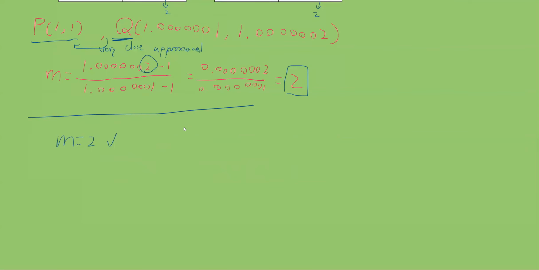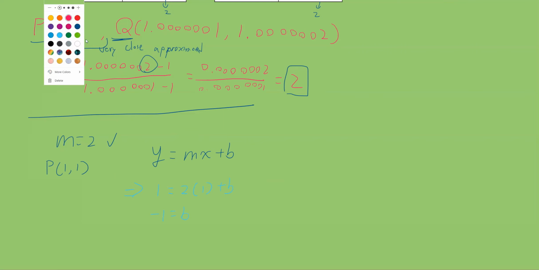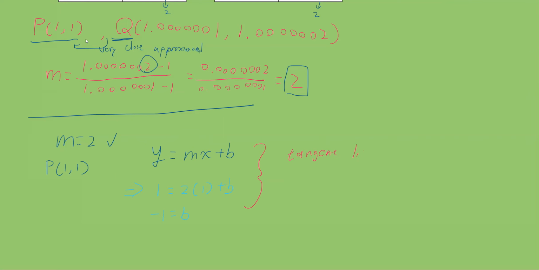For the tangent, we just need to find the equation using point P. So y is equal to mx plus b, slope intercept form. Let's go ahead and plug everything in. So y is 1, m is 2, x is 1, plus b. We'll subtract the 2 over, we get -1 is equal to b. Therefore, we can say that the tangent line has the equation y is equal to 2x minus 1.